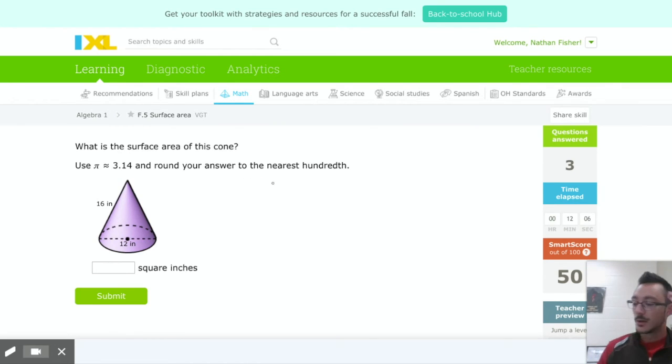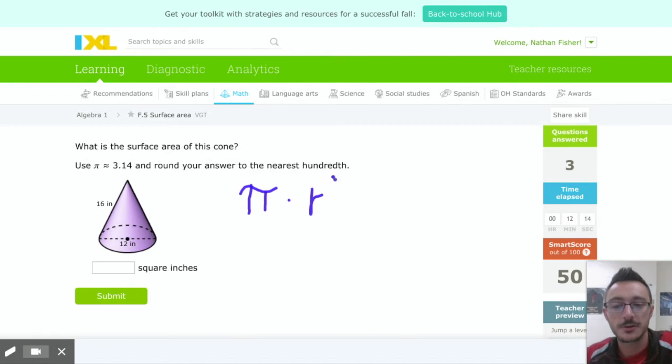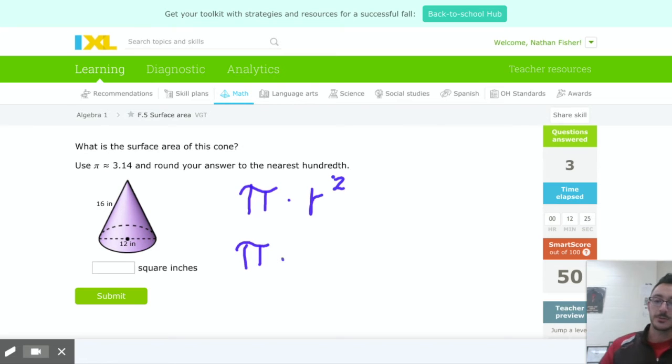So for the bottom part here, the area of a circle is pi r squared. Pi times r squared. So we need to break down what that means. Pi is that 3.14. It actually goes on forever, but that's what IXL wants you to use.